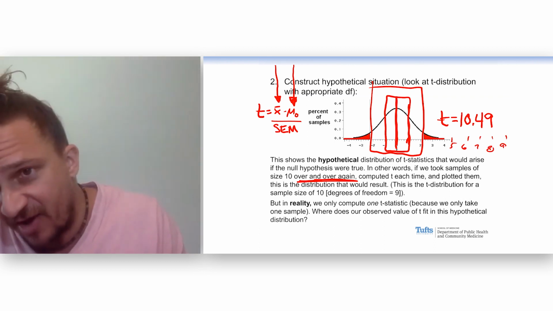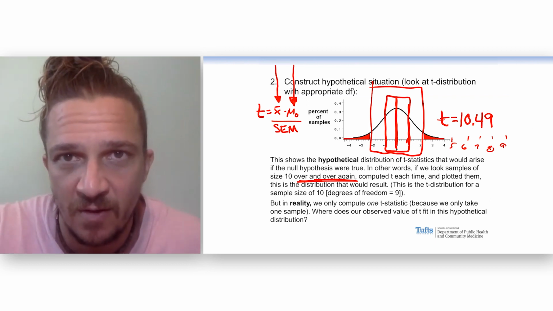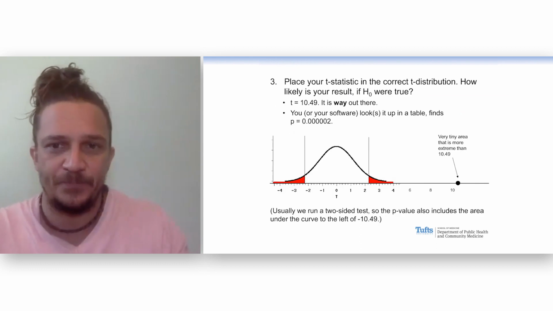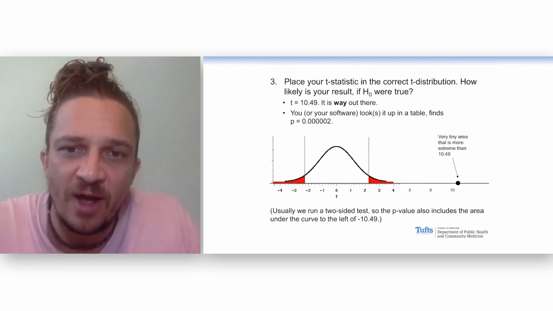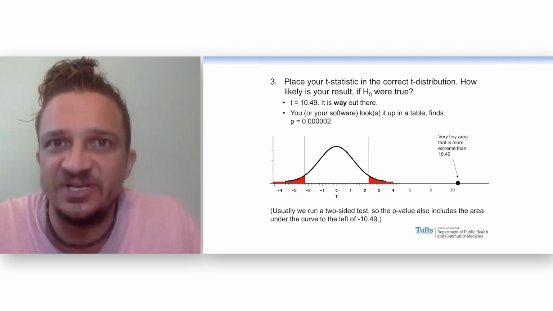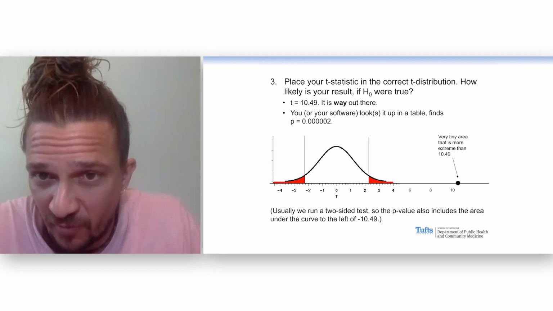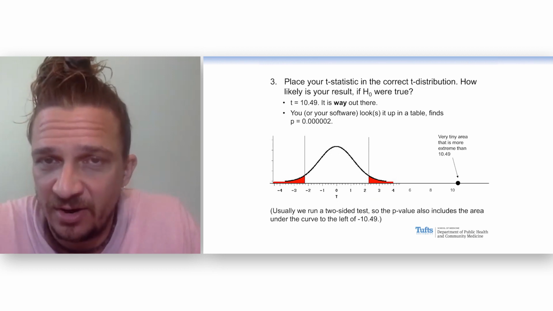I literally have to go off the charts to see where 10.49 is. Here is 10.49. So we put that T statistic, the one-number summary of our data, on the distribution if the null were true, and it's way out there.